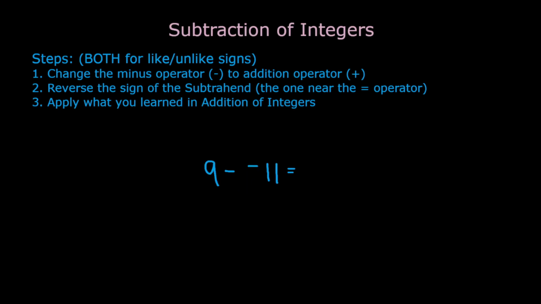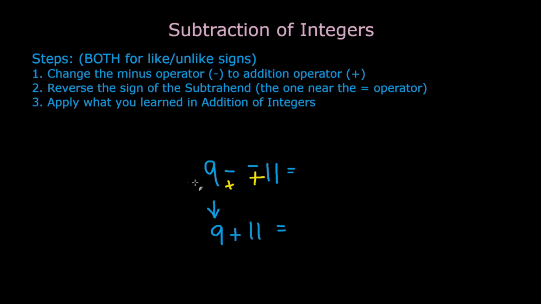So, what if we are given positive 9 minus negative 11? Again, change the minus operator to addition operator. Okay, from minus, magiging siyang plus, and then itong negative, sabi dito, reverse the sign of the subtrahend, si negative 11 magiging positive 11. Then again, rewrite natin.